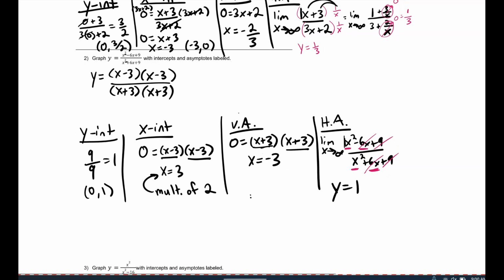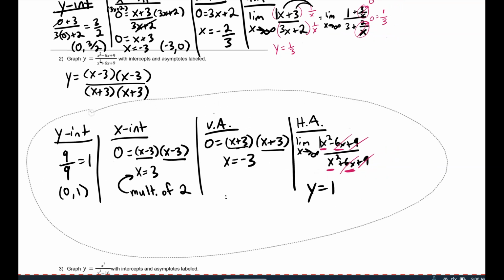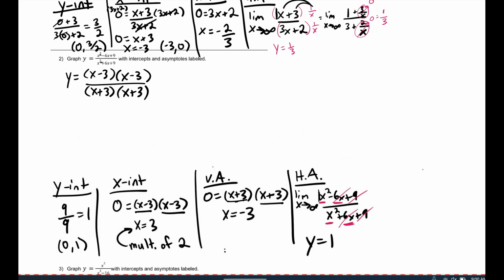So with all these pieces, I'm going to try to put this together. So I'm going to move these down here. And I'll give myself a nice big x and y axis. And I know there's a vertical asymptote at -3, so I'll plot that in here.